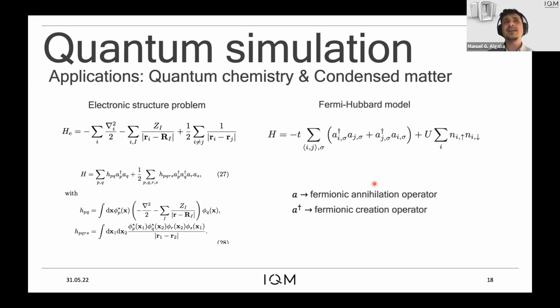It's a kind of toy model that shows lots of interesting behaviors, but still it's not fully understood for higher dimensions, because for one dimension it is more or less understood and solved.